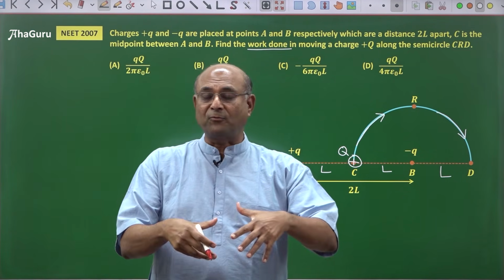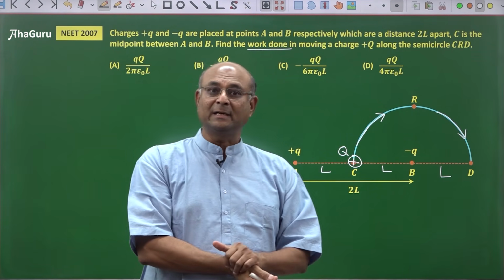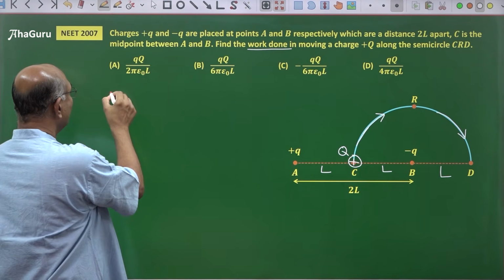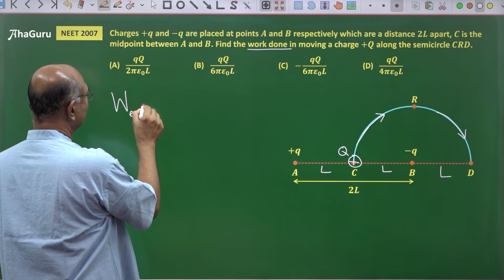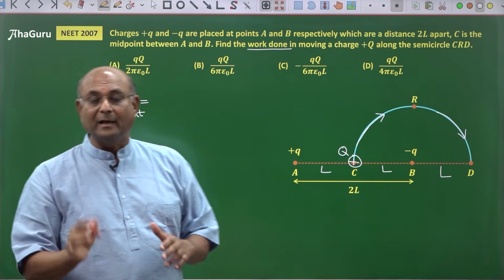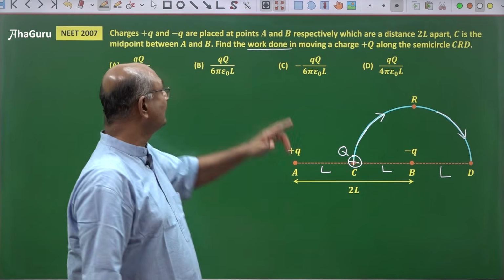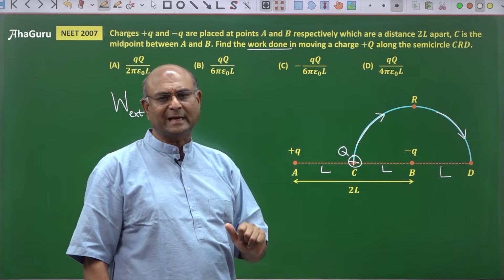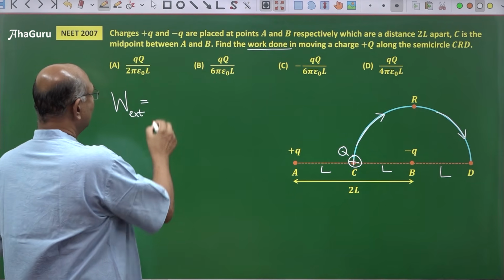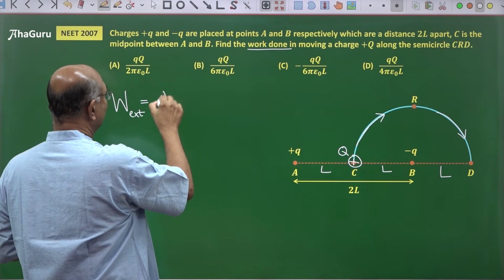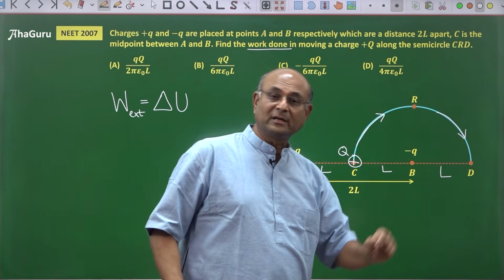Work done by an external force will increase or change the potential energy of the system. So in this case work done means by an external force, not by the electric field. The electric field also can do work, but whenever the question says find the work done in moving the charge, it means by an external force. And so this is delta U.